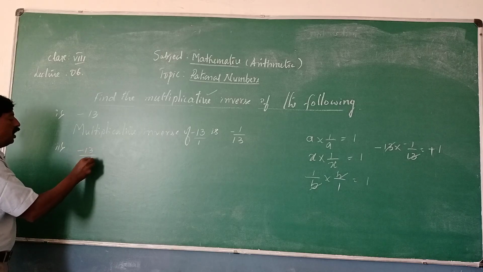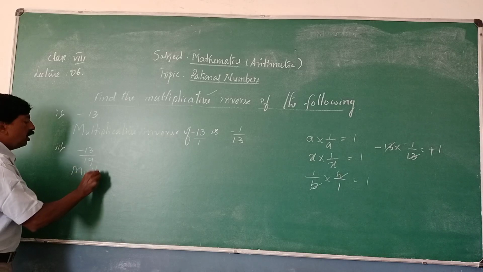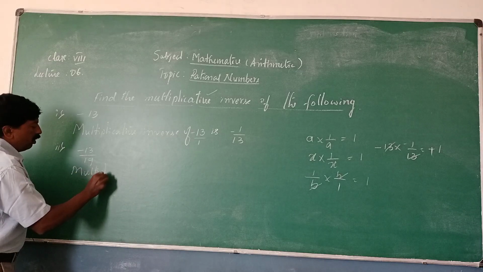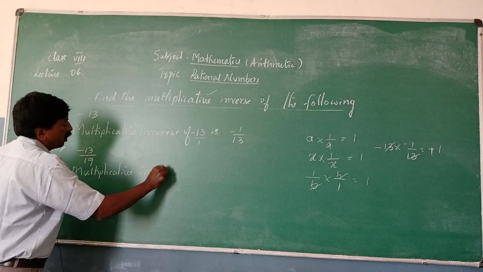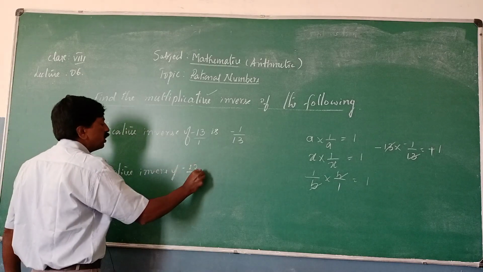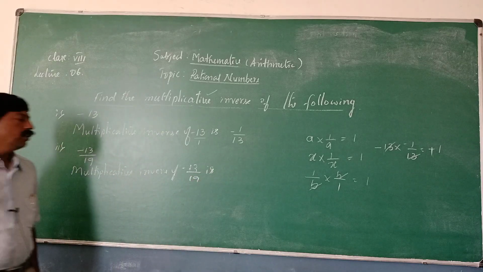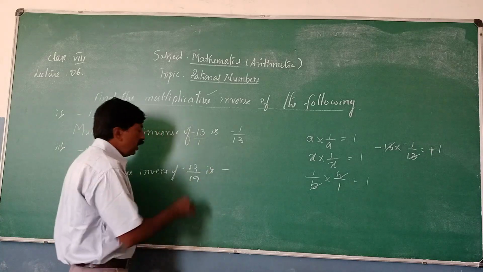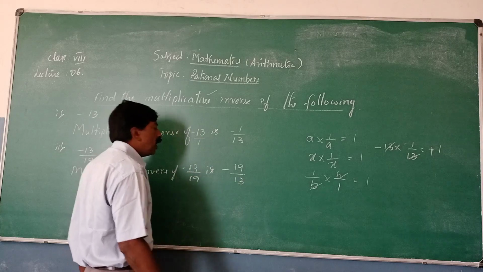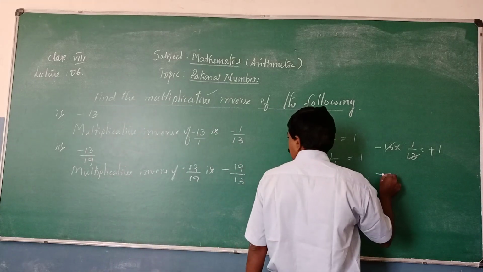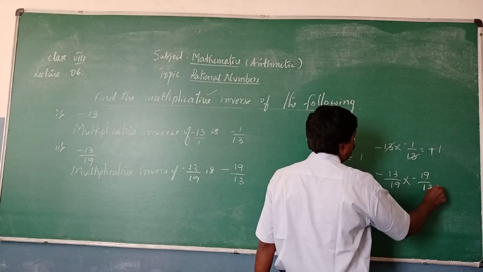Like this, we have to write the multiplicative inverse of minus 13 by 19. What is the multiplicative inverse of minus 13 by 19? Interchange numerator and denominator, it is 19 by 13, because minus 13 by 19 multiplied with minus 19 by 13 is 1.